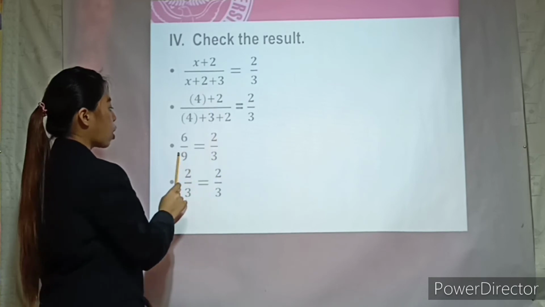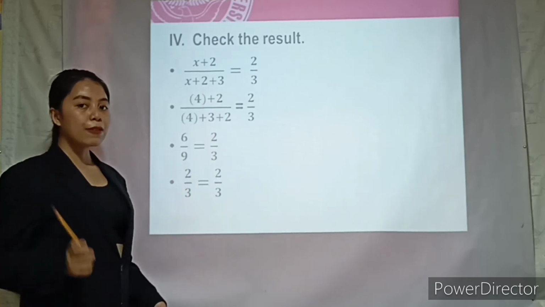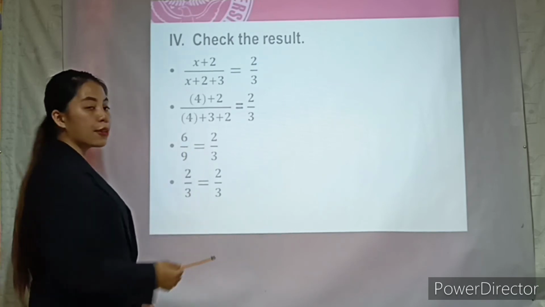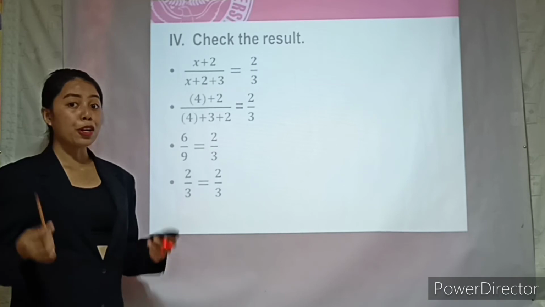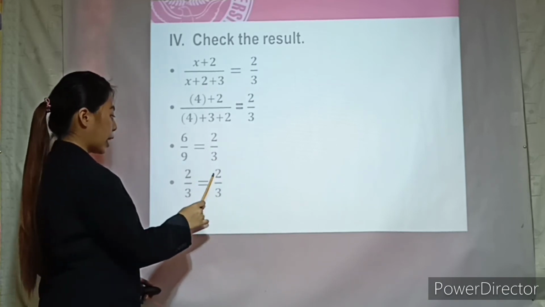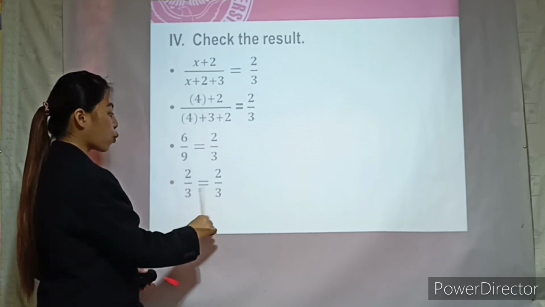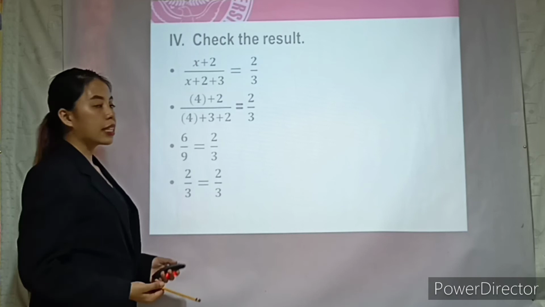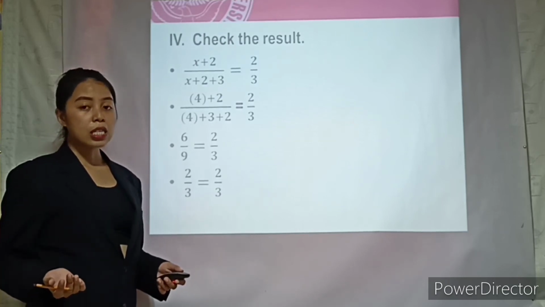So 6 over 9. We divide the numerator by 3 and the denominator by 3. So it will result into 2 over 3. Since both sides are equal, we conclude that our answer of x equal to 4 is correct.